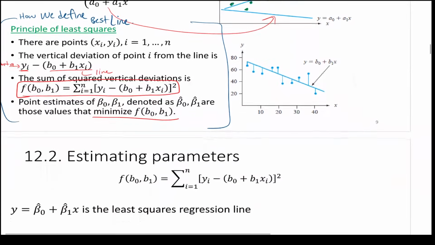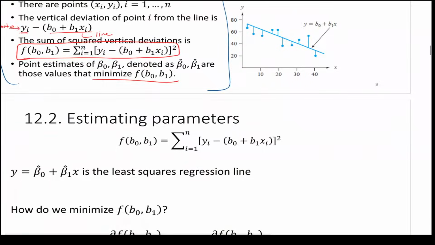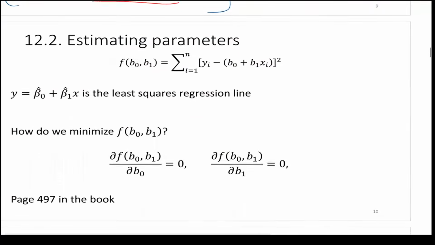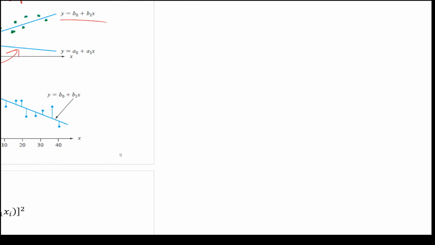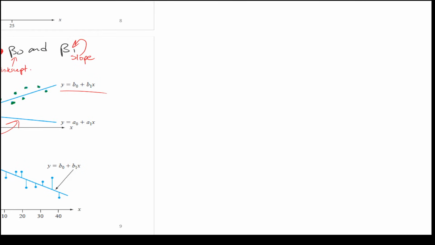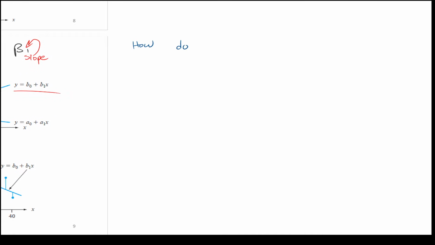Okay. Now, how do you minimize a function? So let me just come over here a little bit to kind of review a little calculus. So how do we minimize a function?